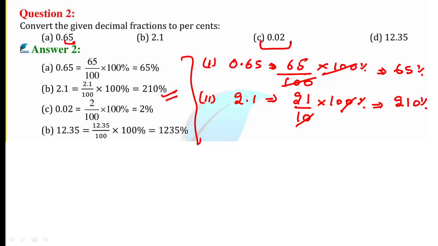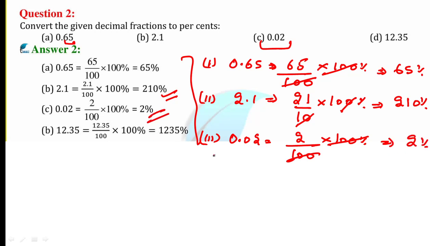Third part, 0.02. How many digits are there after this decimal? There are 2 digits, so there are 2 zeros in the denominator. Multiply by 100%. 100 will cancel and you will obtain 2% as required answer.